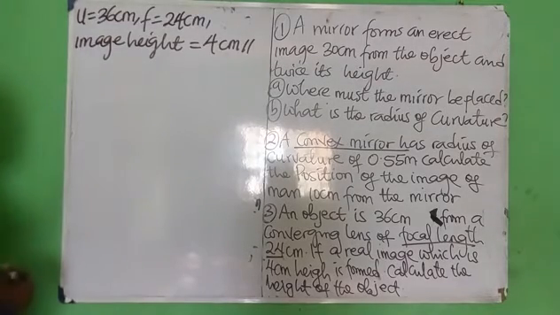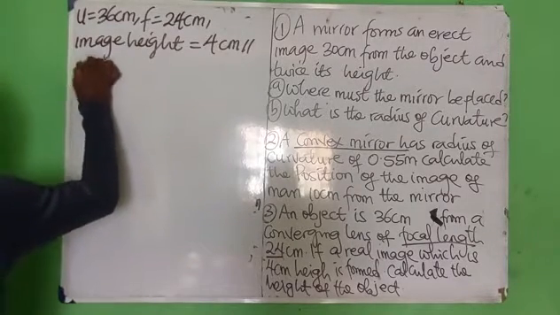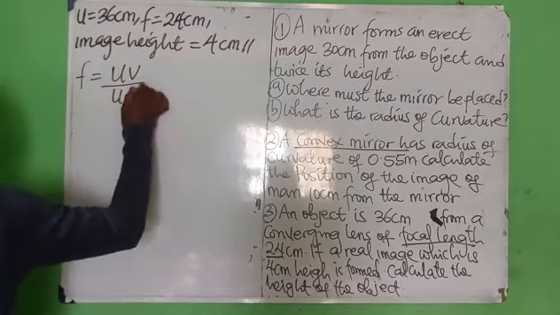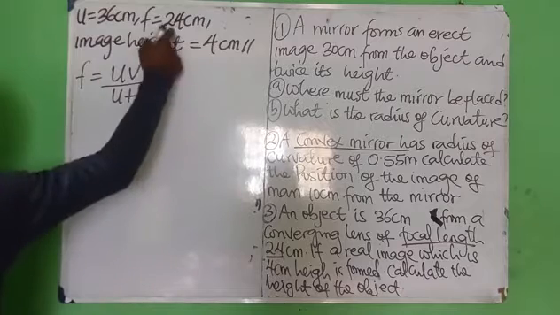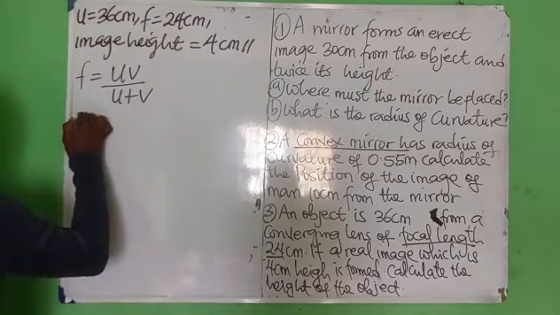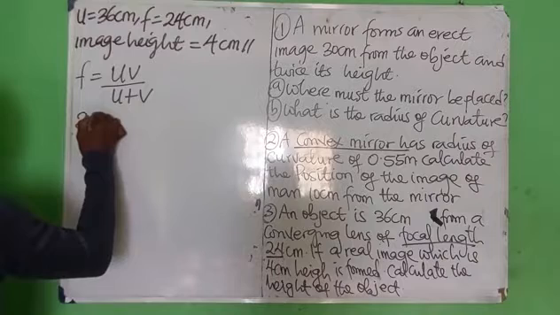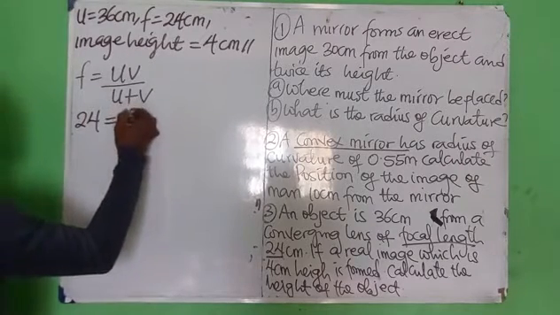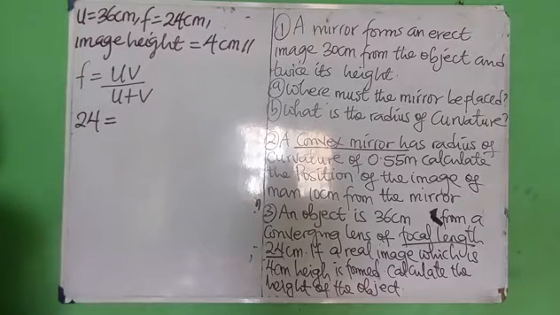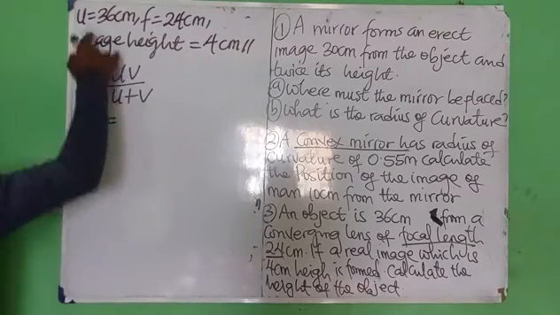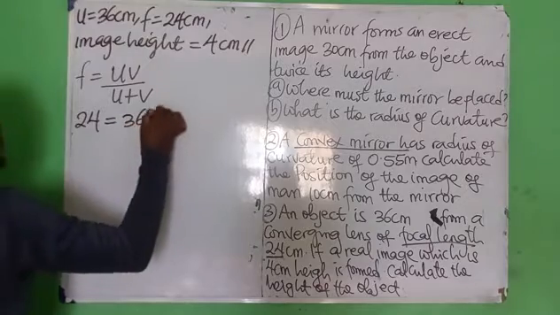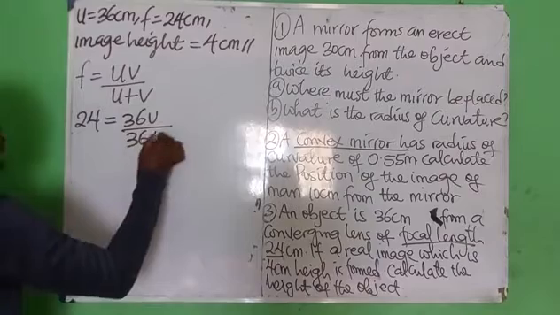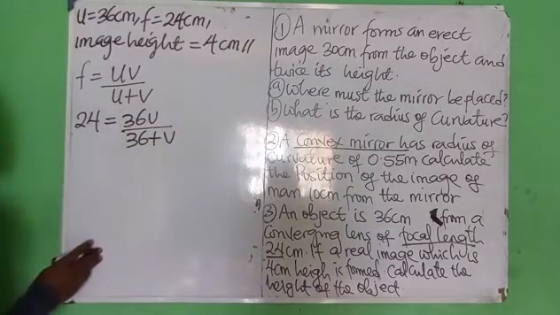We do not know. So don't forget, from our formula we have that F equals UV over U plus V. F was given as 24, then U is 36, so 24 equals 36V over 36 plus V. So what do we do next?